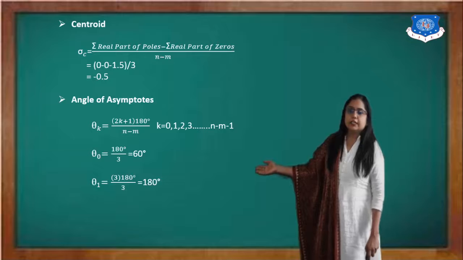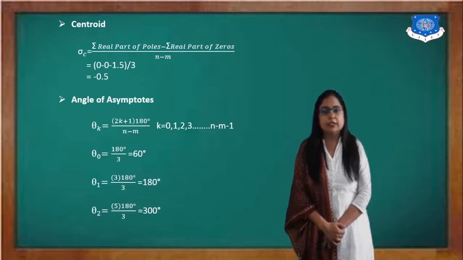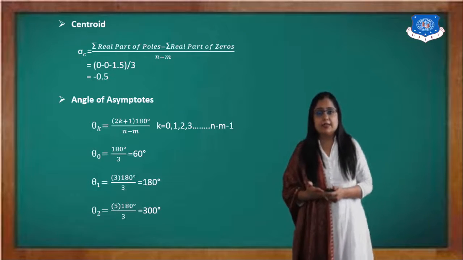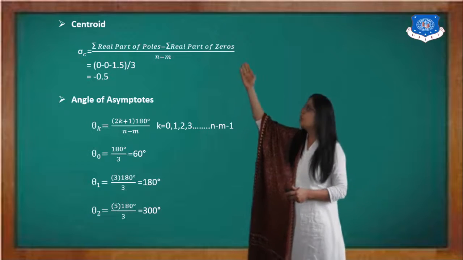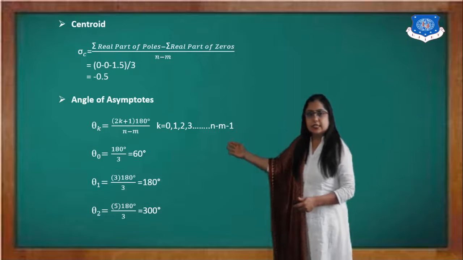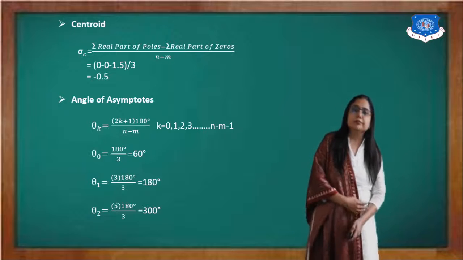That is 180 degree. And theta 2 is 300 degree. So we have to draw these angles of asymptote from the centroid, that is minus 0.5. So from this minus 0.5 we will make 3 angles: one is 60, then 180, and then 300.